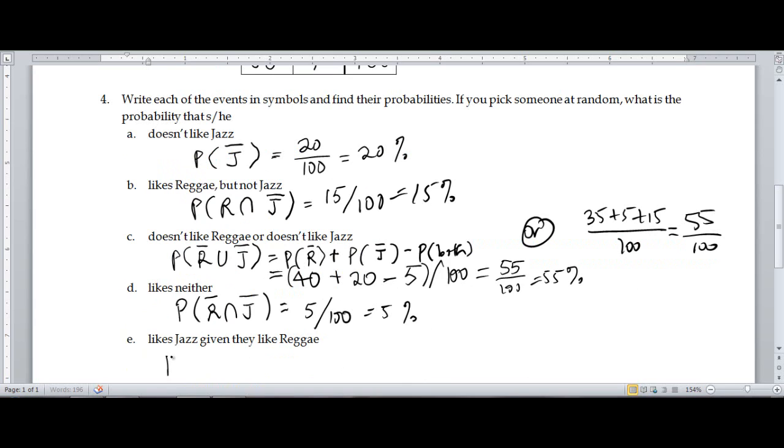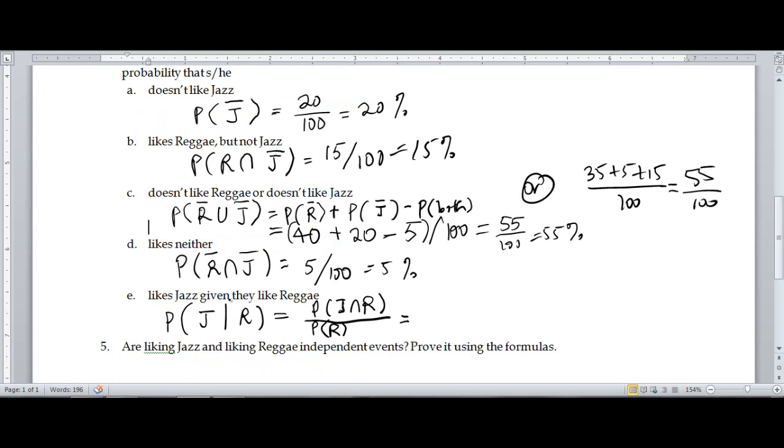What's the probability of somebody liking jazz given they like reggae? So liking jazz given they like reggae. For that you have to do the probability of both, liking jazz and liking reggae, divided by the probability of the latter one, the probability of liking reggae. So this is from the definition, the formula for conditional probability.